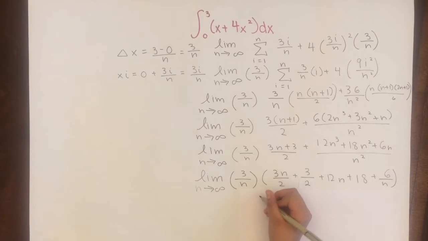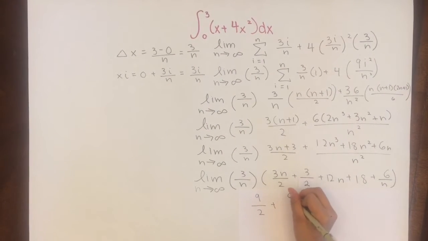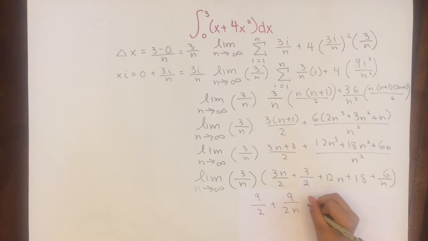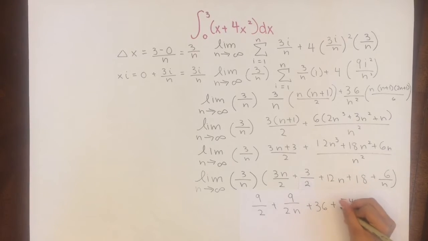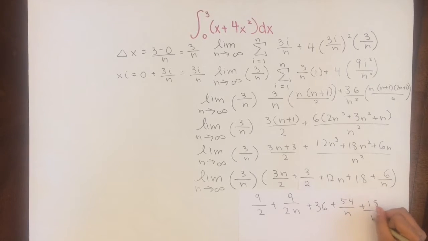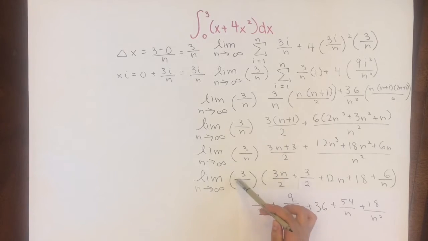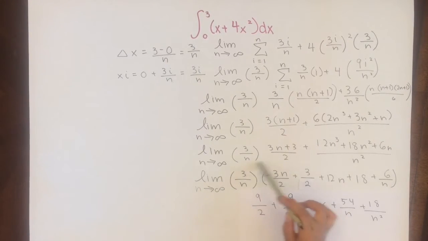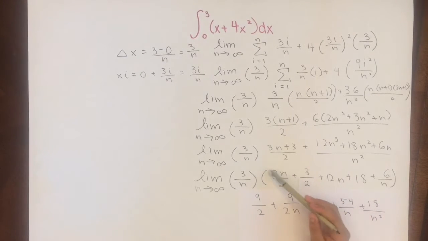So you can do 9 over 2 plus 9 over 2n plus 36 plus 54 over n plus 18 over n squared. And this is just delta x, which is 3 over n, multiplied into each individual variable or each individual section of the problem or the equation in the parentheses. And this is what you get from that.